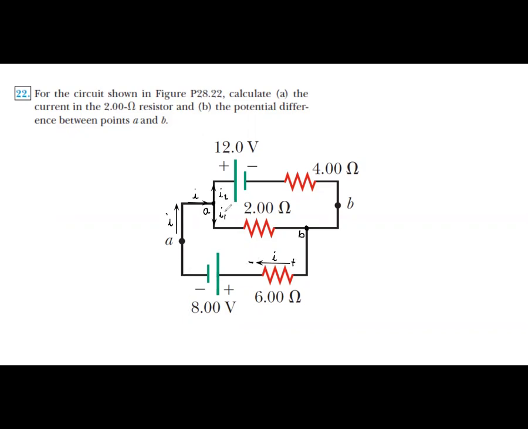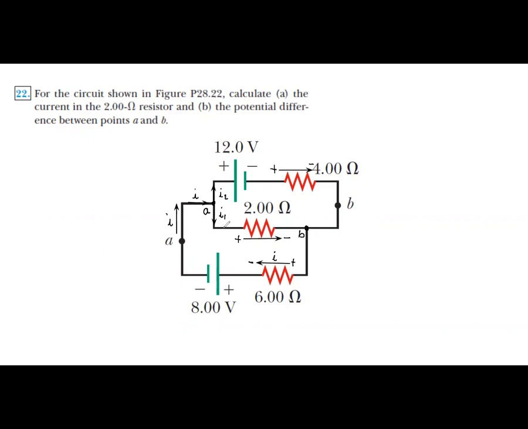And here also we take I1 in this direction, also coming from the positive to the negative. What about I2? I2 is coming in this direction. So here we have plus, 2, minus. Okay, this is the first thing.